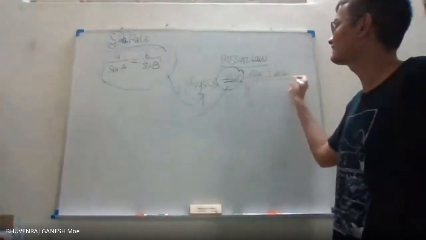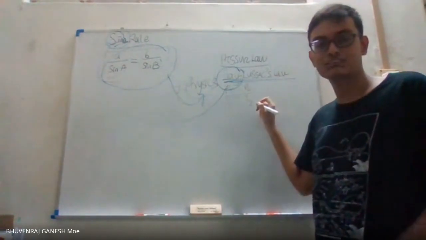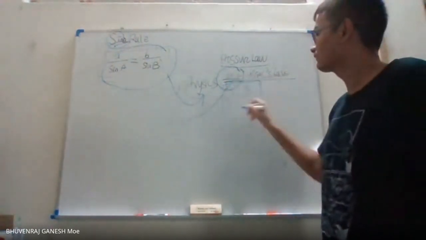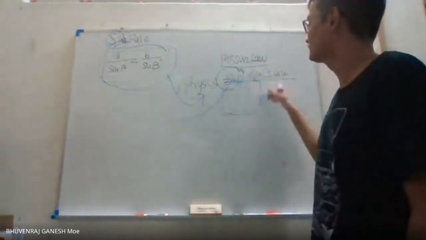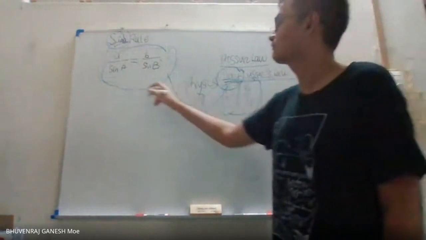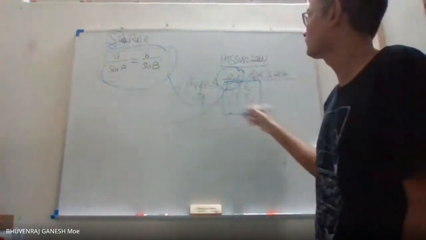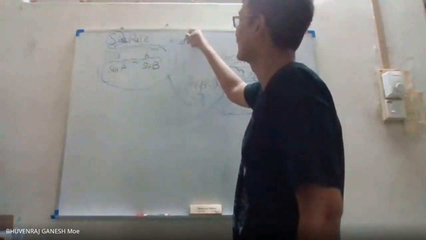So I asked you guys to remember this physics law. I don't know whether Horace is studying physics, I'm not sure. But this is the law: P1 over T1 is P2 over T2. Why I say this law is because the format is the same. It's something over something equals something over something. So we are relating this: a and b are actually lines, lengths.